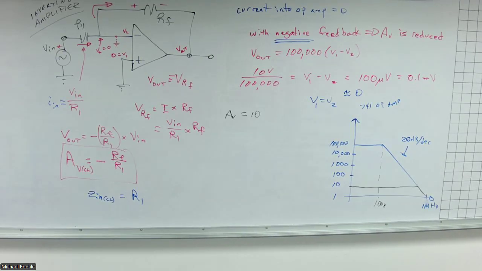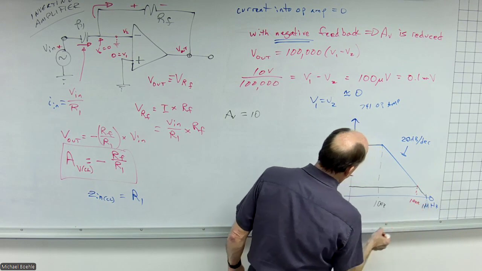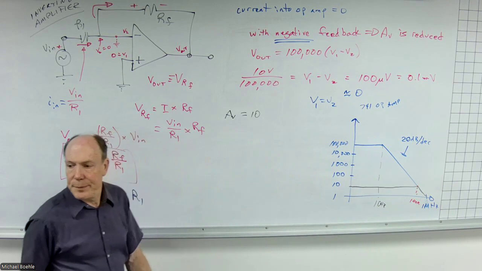Now, he does modify it a little bit. The way I have this here, this upper cutoff frequency would be 100 kilohertz, 1 decade below, 20 dB above.